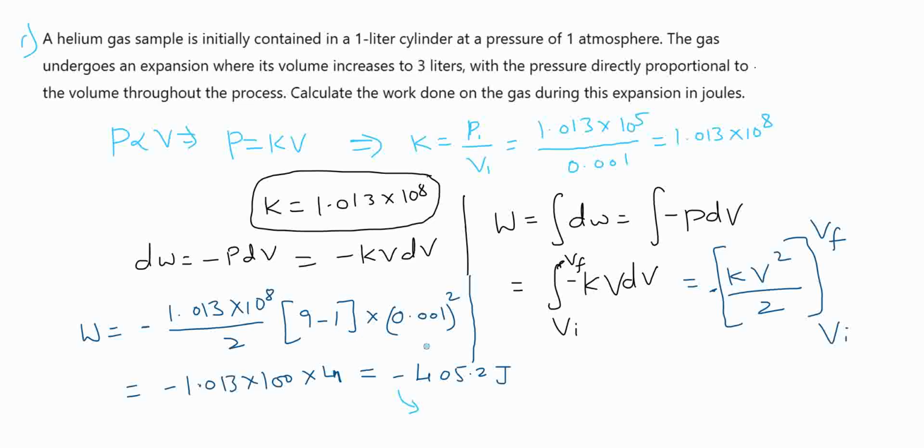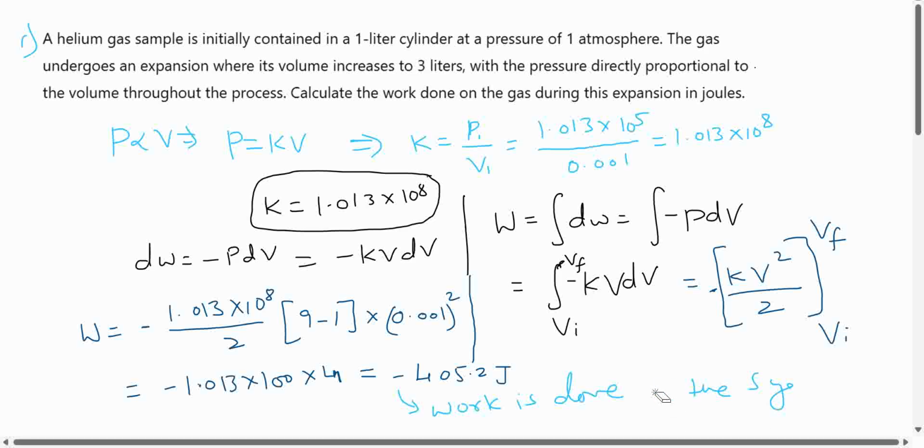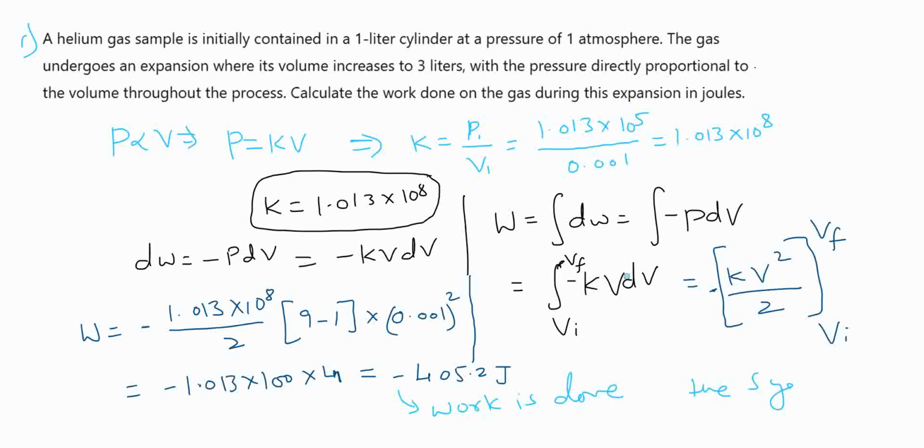But in this case, after calculating, we got negative, so work is done by the system. That means the gas, by expanding, did work on the surroundings. How much work did it do? It did 405.2 joules.